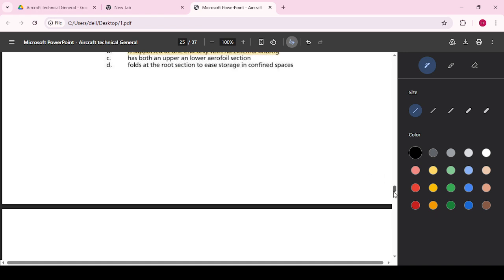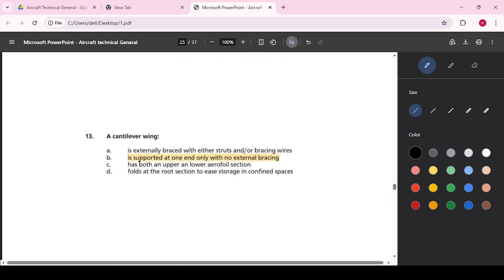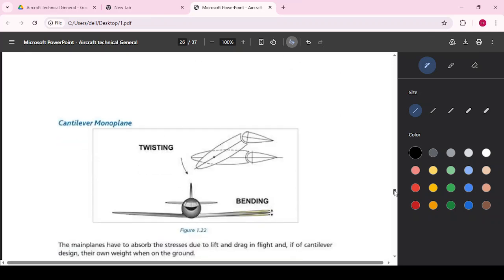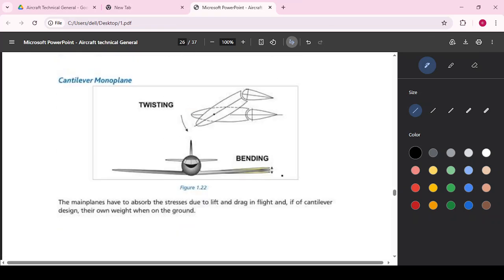Now question 13. We want to see what is a cantilever wing. The wing on our aircraft structure is known as cantilever. Why? Because it is of the structure of a lever, cantilever. So this is the cantilever wing. See, the cantilever wing looks like this.